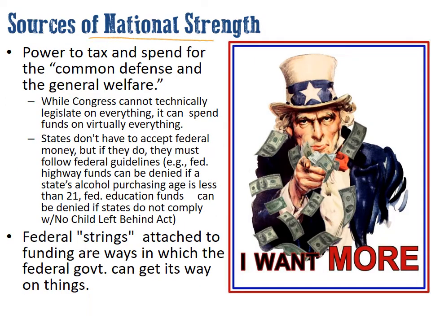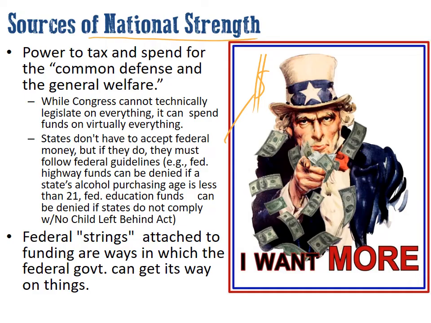Same topic, sources of national strength: the power to tax and spend for the common defense and the general welfare. So while Congress cannot technically pass laws on anything that they want, they can spend money on virtually everything. And so one way they get the states to do what they want is they offer them cash. And if the states accept the cash, they need to accept certain rules.